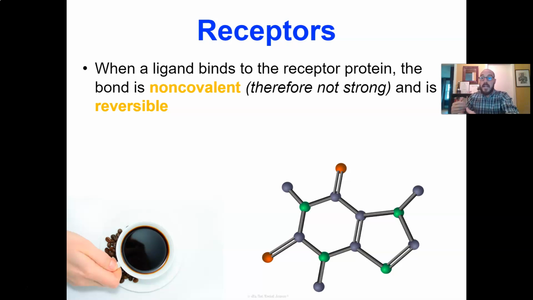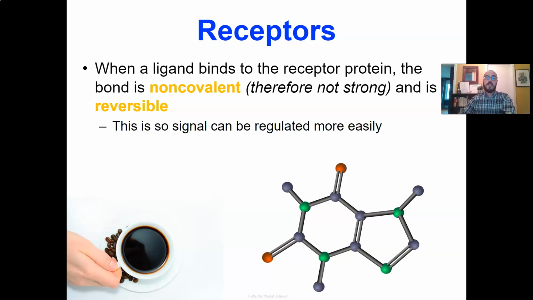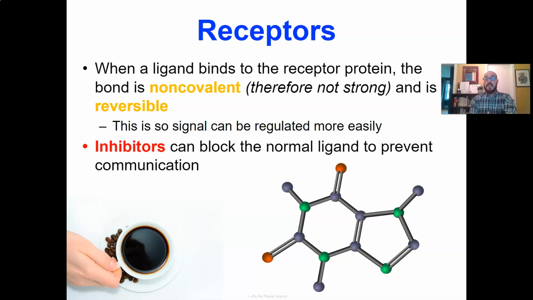Maybe it's an ionic bond or even a hydrogen bond, which is a weak bond where charges are attracted to each other. And that makes it reversible. So the receptor can keep getting used over and over again, which is really cool. This lets the signal be regulated more easily. And one of the ways we can regulate our receptors is through inhibitors.